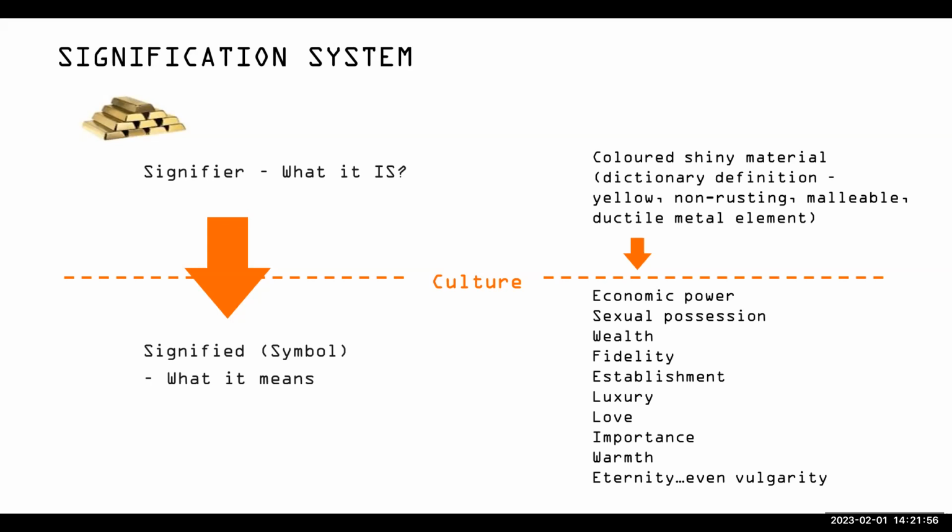So today, if you look at gold, it has various meanings. It comes in the context of economic power, sexual possession, wealth, fidelity, establishment, because a lot of countries and religious houses hoard gold as a way of maintaining their wealth. So it's associated with establishment. It is luxury.